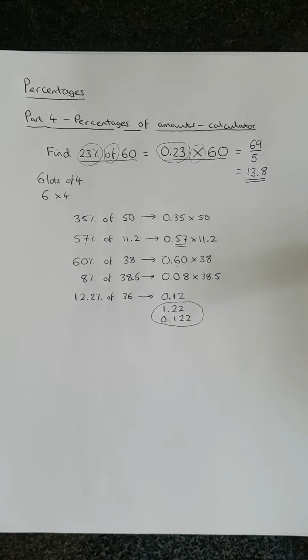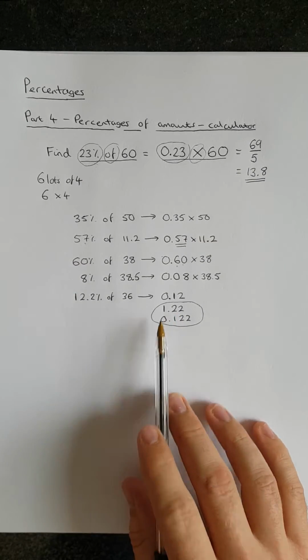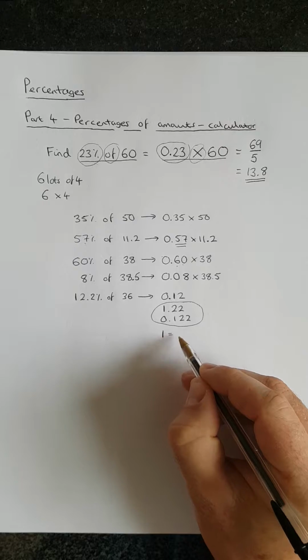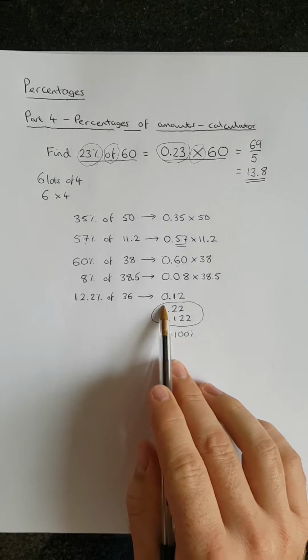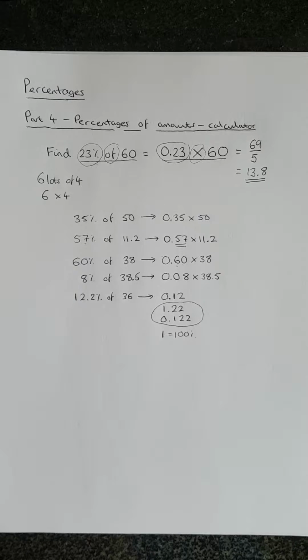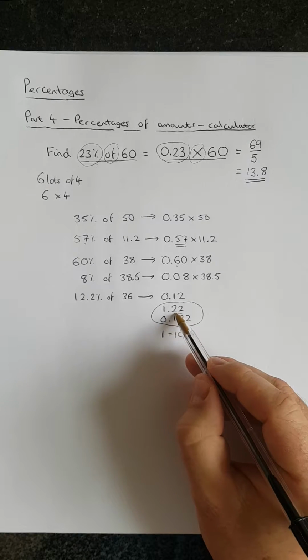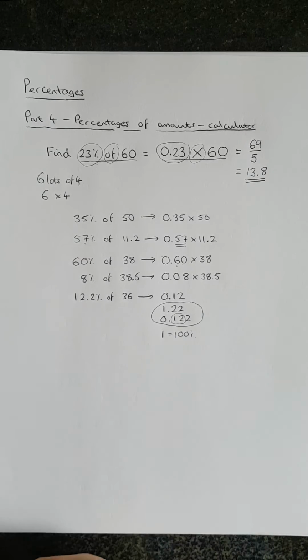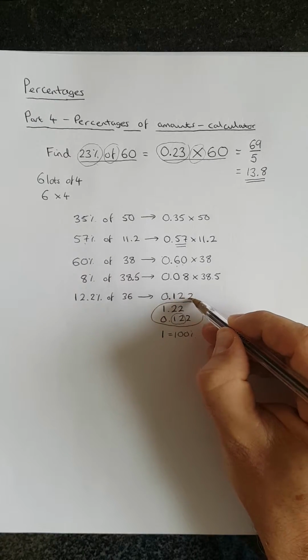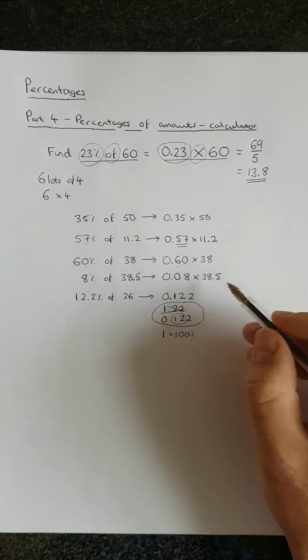Well, 1 is 100%. So this number here is a huge number. The 12 shouldn't change place when we put the 0.2 after it. So it's 0.122.